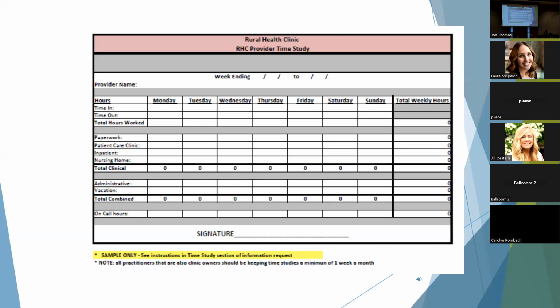So if we've got an owner, sometimes the cash flow gets weird. I had an owner in Louisiana that was only able to pay herself $30,000, because they were just maybe getting up off the ground.